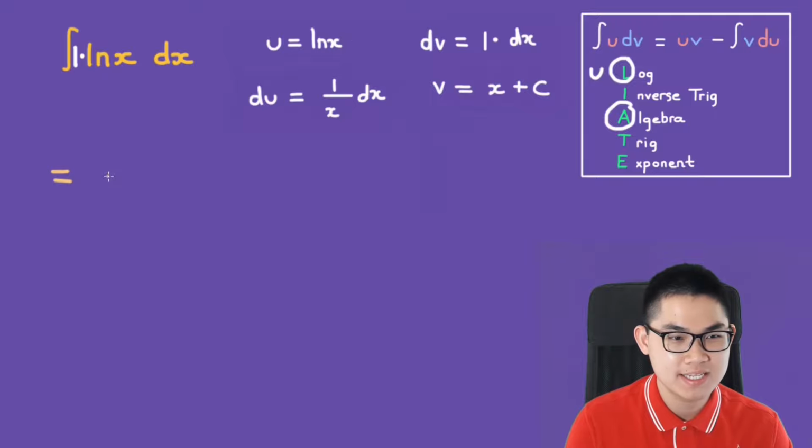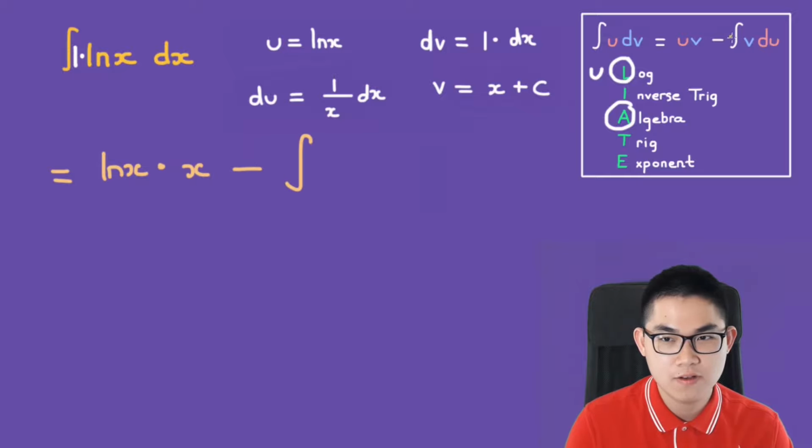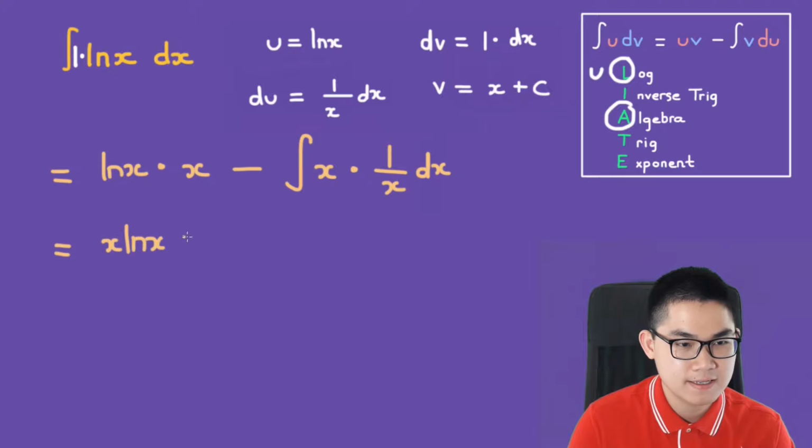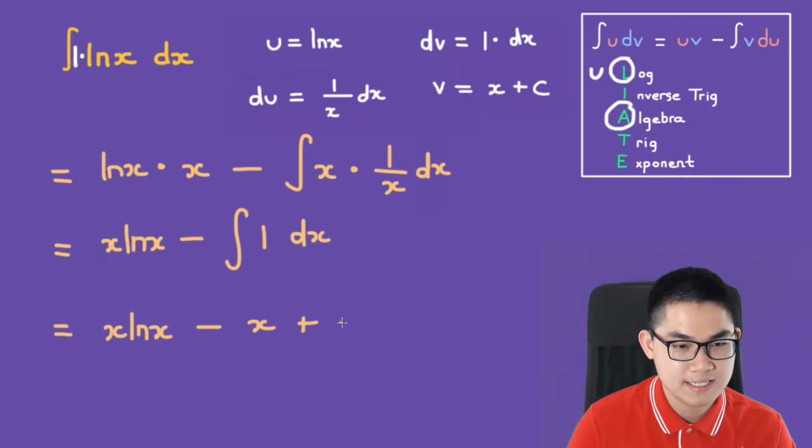So the u is the ln of x times v, and v is simply the x, minus the integral of v, which is x, times du. And du is 1 over x dx. So this is the same as saying x ln of x minus the integral of 1 dx, which is equal to x ln of x minus x plus c.